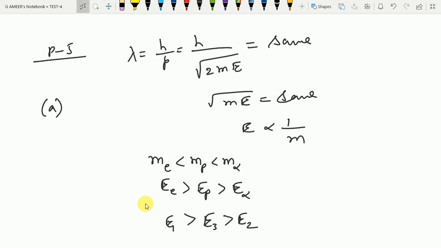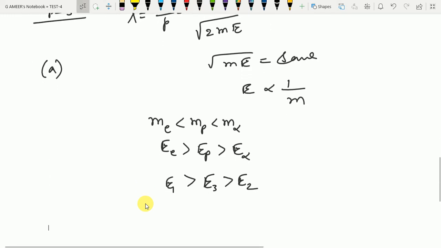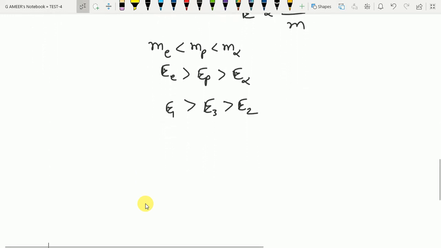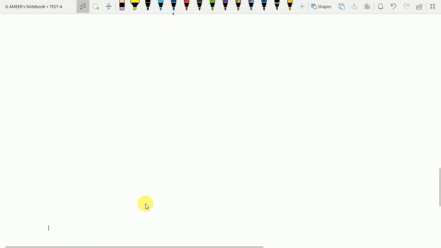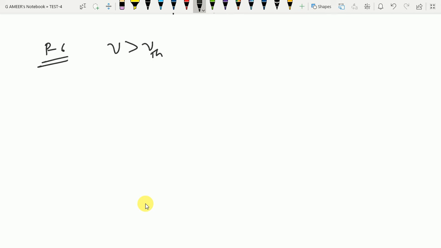Okay, go for the P6 problem. In the P6 problem, which of the following when falls on a metal will emit the photoelectrons? To emit the photoelectrons, the frequency must be greater than the threshold frequency. So large frequency is required.